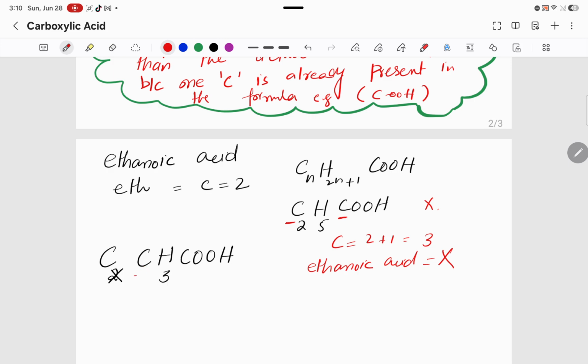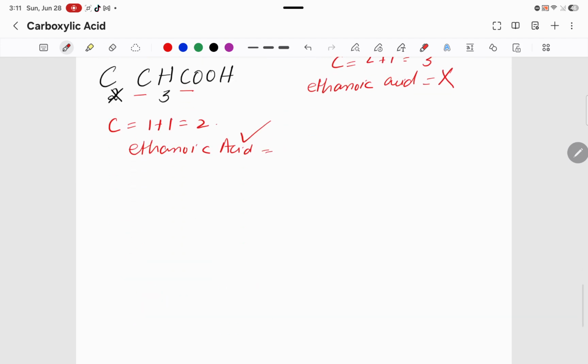Now look, how many carbon atoms are here? 1 plus 1, 2. This is ethanoic acid. Yes, I hope you have understood the whole concept.